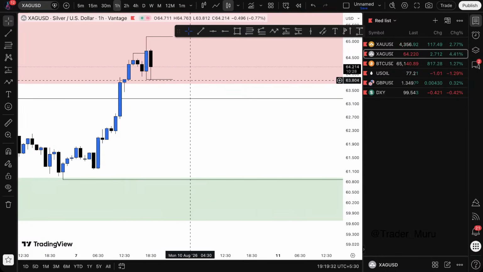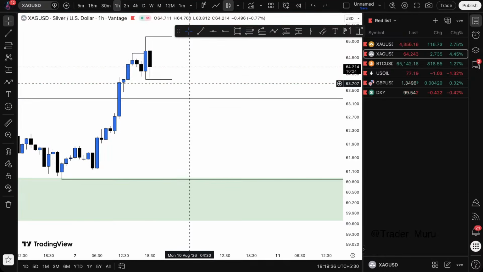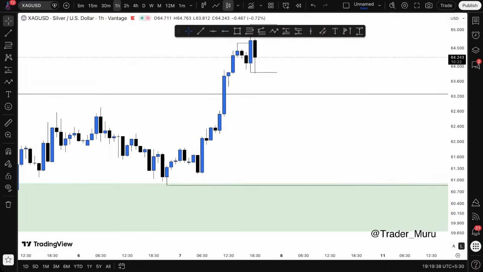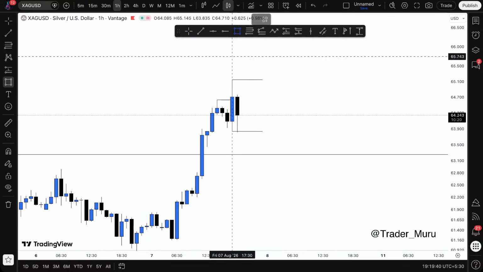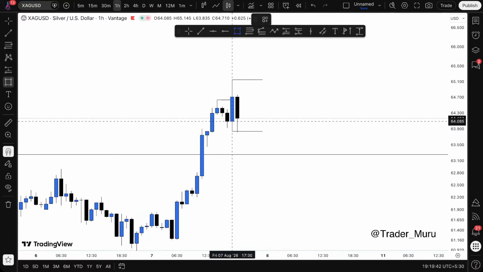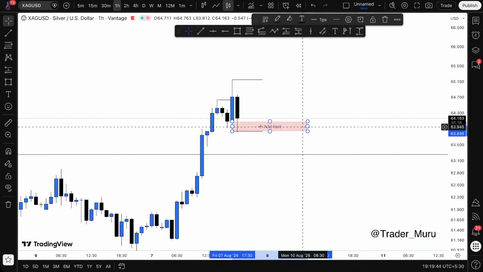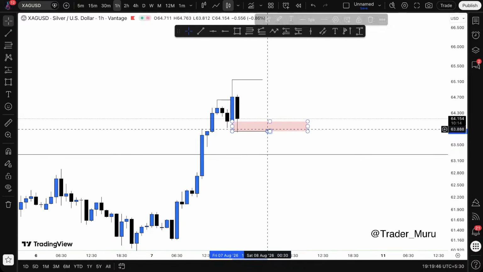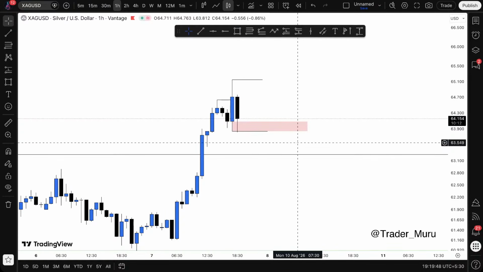Look at this. In silver, it is a 1-hour breakout structure. It is a 1-hour breakout structure here. 1 hour 2 candle closing below this low. Silver is bearish, officially bearish.